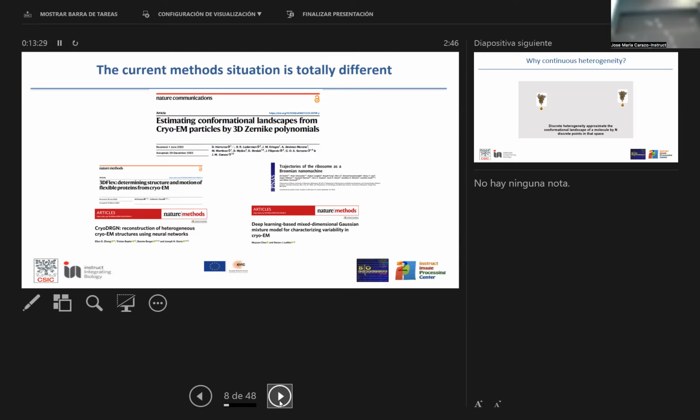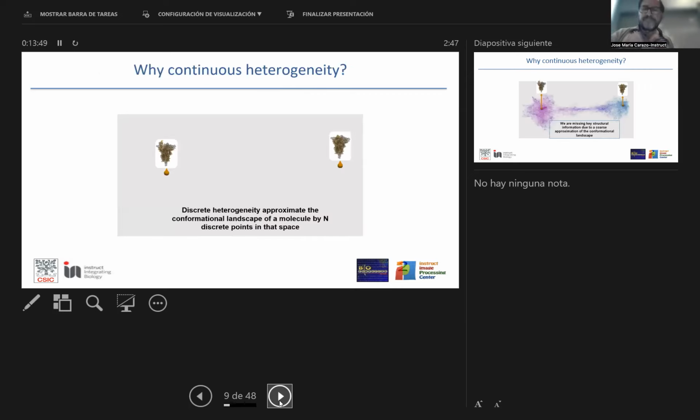Now the topic of analyzing continuous flexibility is one of the big topics in the area of single particle analysis. And I want to pay respect to the different methods that work in the area. I'm going, of course, to concentrate on our own ways.